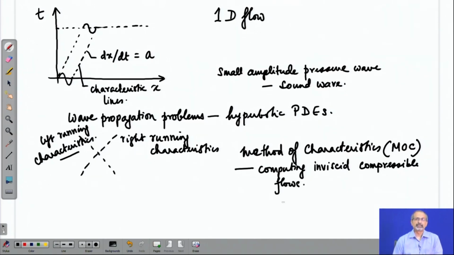So, if the flow is irrotational, then it is slightly easier to implement the MOC technique, but even if it is rotational, you do have a rotational form of the MOC technique as well.